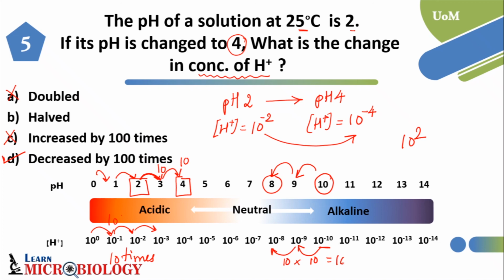Total it will increase 100 times. This same applies to OH minus ions as well as pOH also. Okay, so remember, when you increase the pH, hydrogen ion concentration will decrease 10 times. If you are decreasing the pH, your hydrogen ion concentration will increase 10 times.